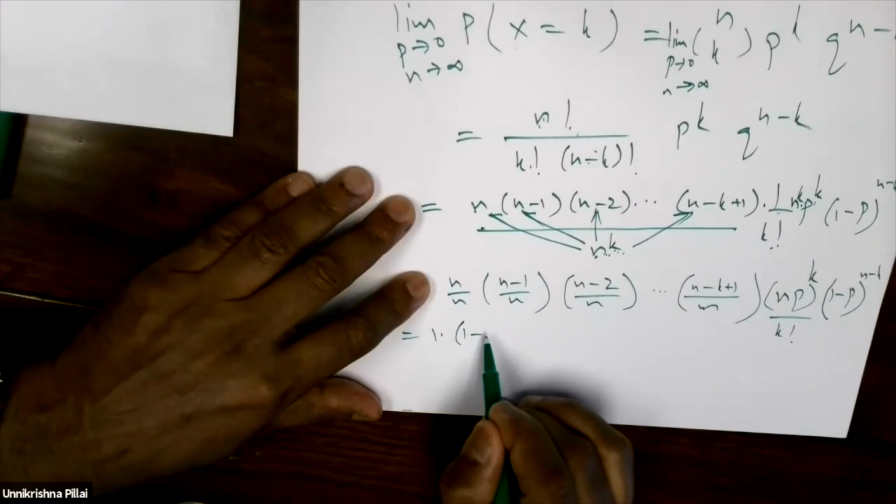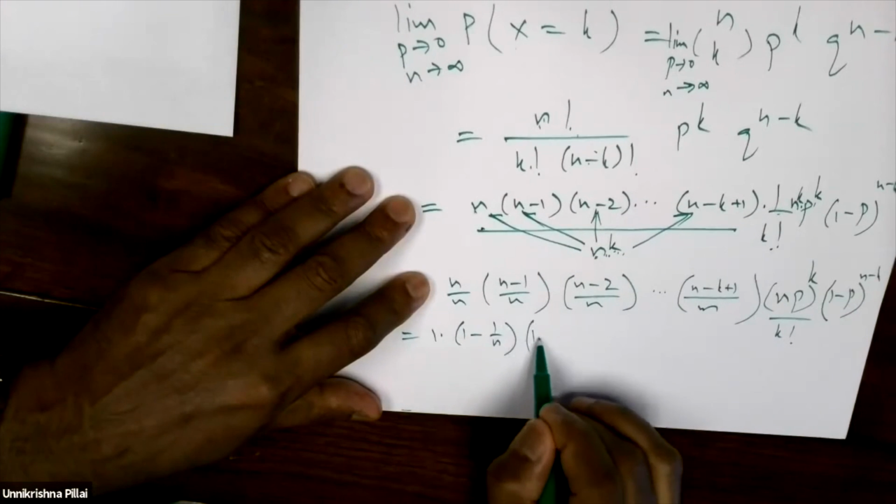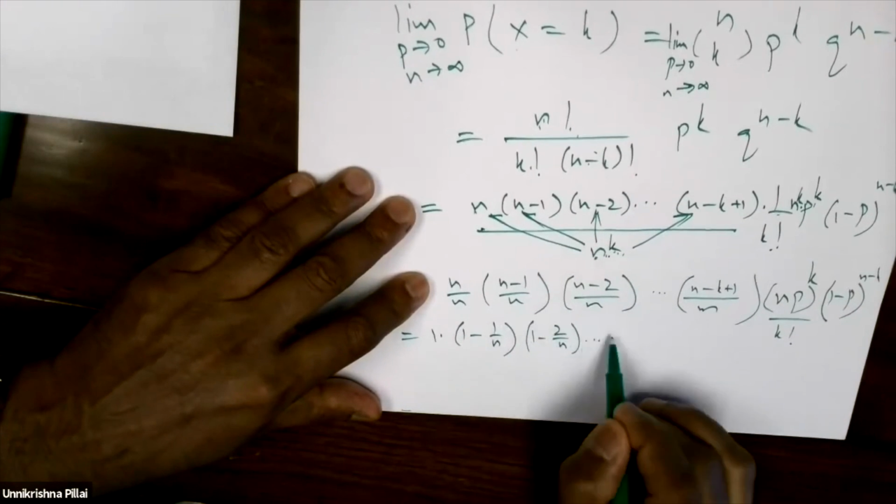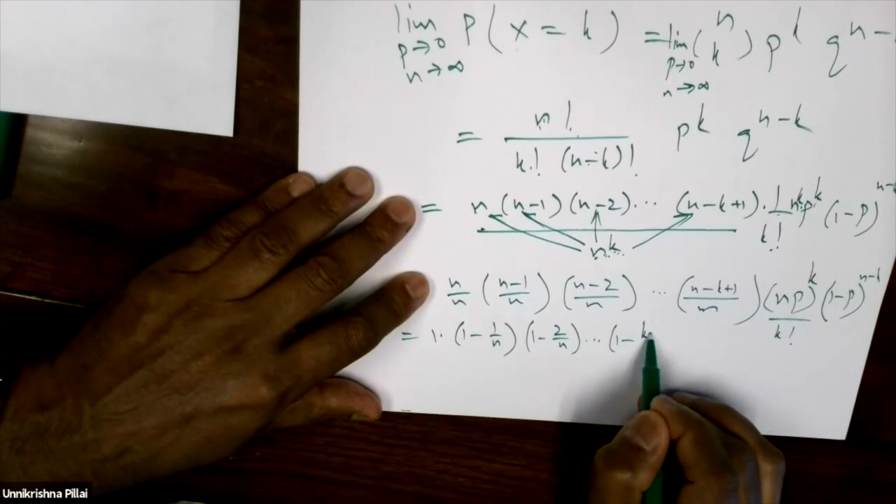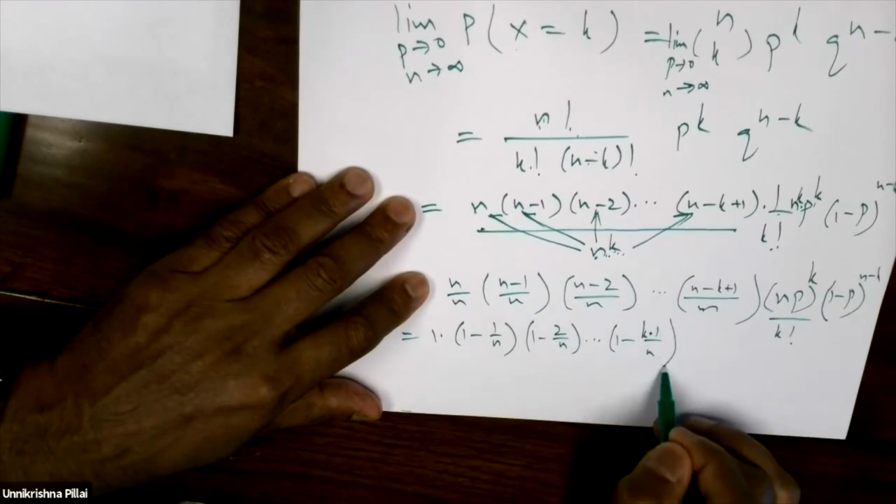This is 1 minus 1 over n, this is 1 minus 2 over n, etc., 1 minus k minus 1 over n.